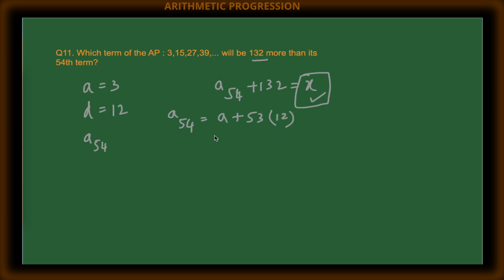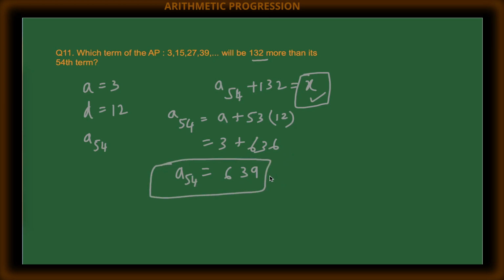We got the value of d, and here we have the a value as well. So 3 plus 53 into 12 is 636. Then if we add it, this becomes 639. So we got A54 as 639.